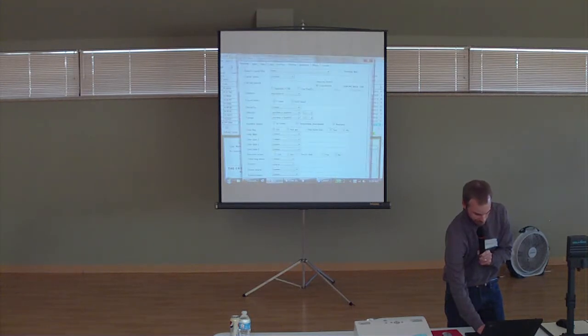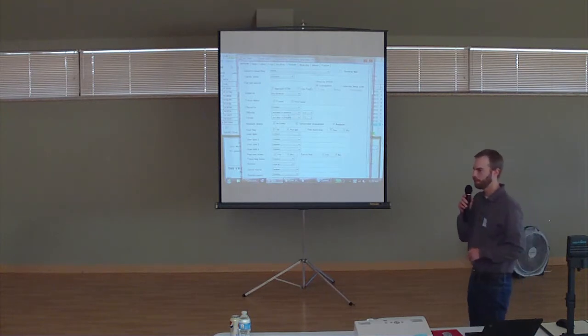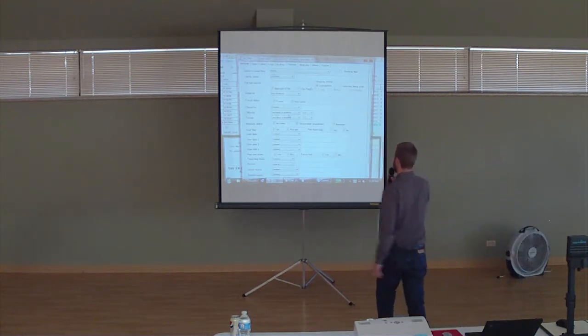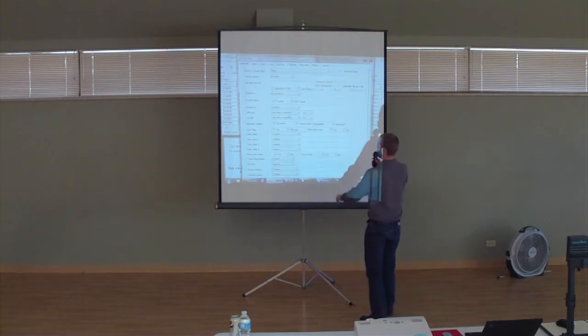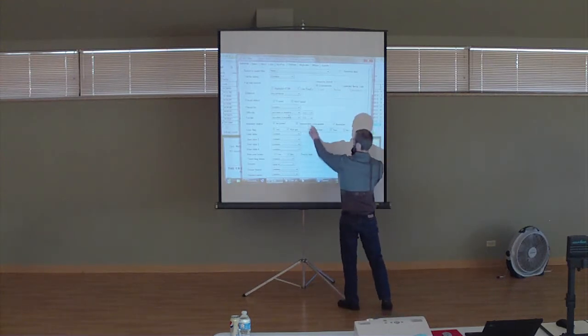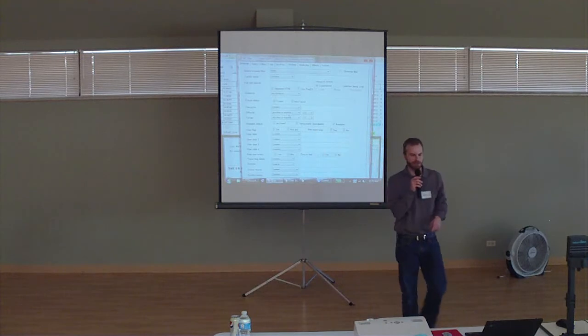Basically you can filter by almost any criteria. One of them says terrain less than or equal to, right now it's set to 5.